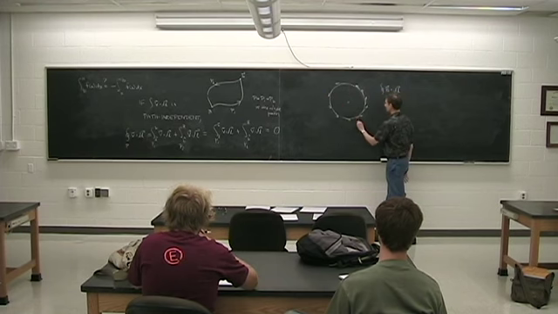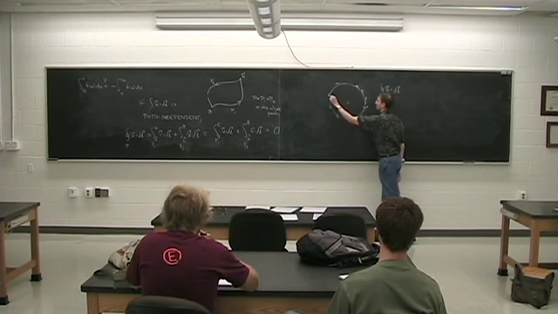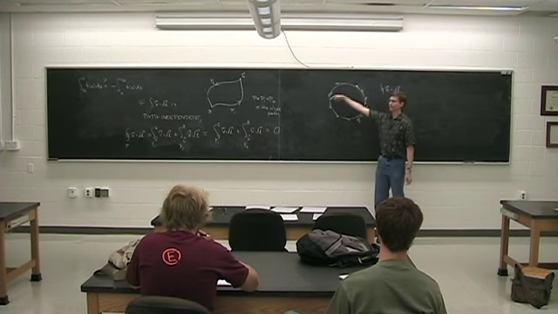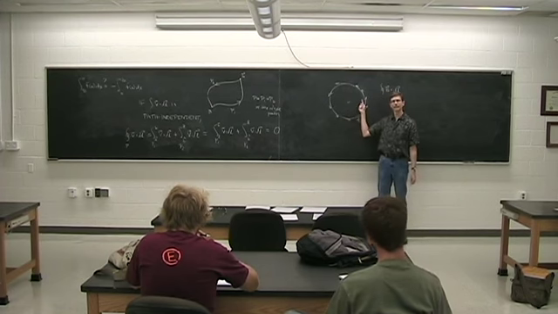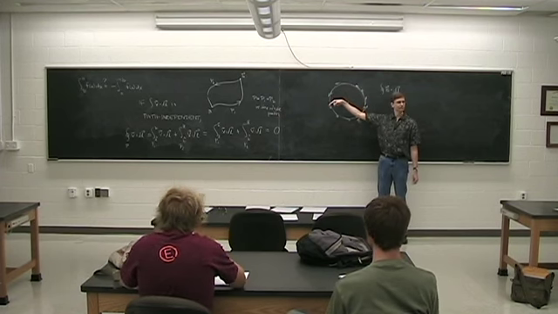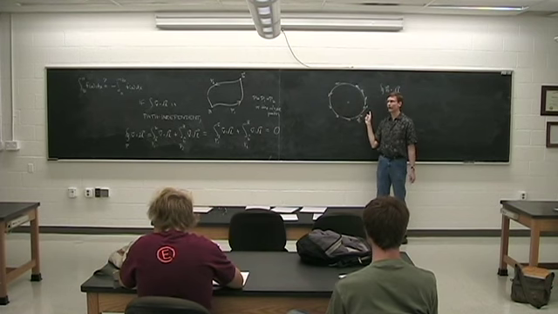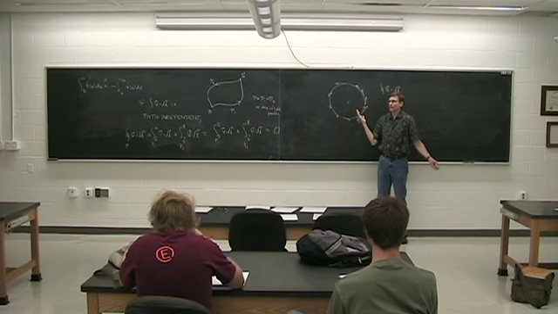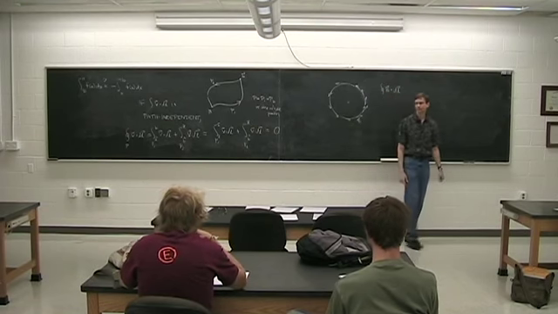If this is B and I trace the path in the direction that B is pointing at each location, do I ever get any negative contributions for B dot dl? No, I don't. So if I go all the way around the path, there's no way it could end up 0 because every contribution is positive in that case.